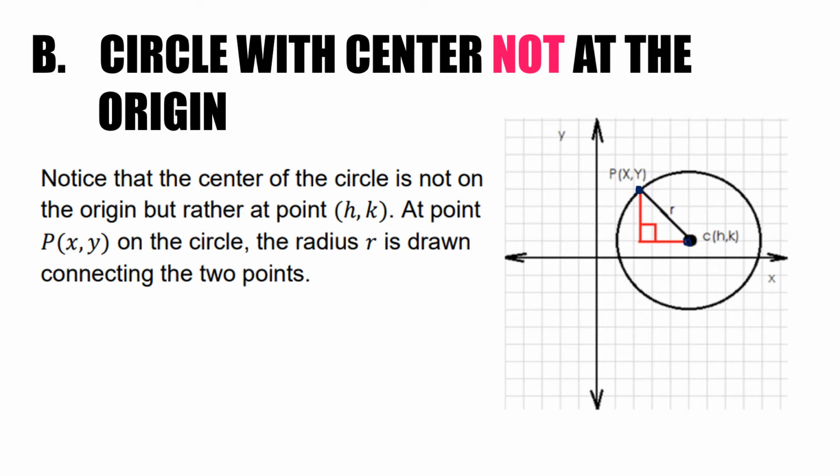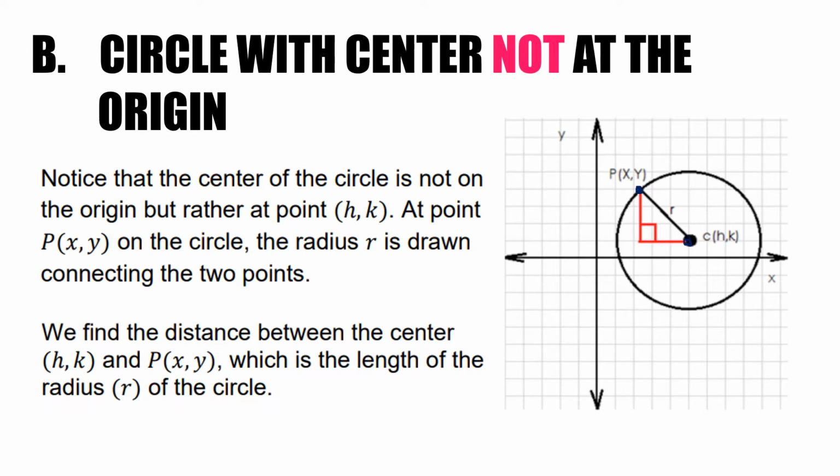But definitely yung h is the x coordinate and k is the y coordinate. Now, we want to find also the equation of the line. So, to do that, we need to find the distance between the center h and k and point P, x and y, which is the length of the radius r of the circle.